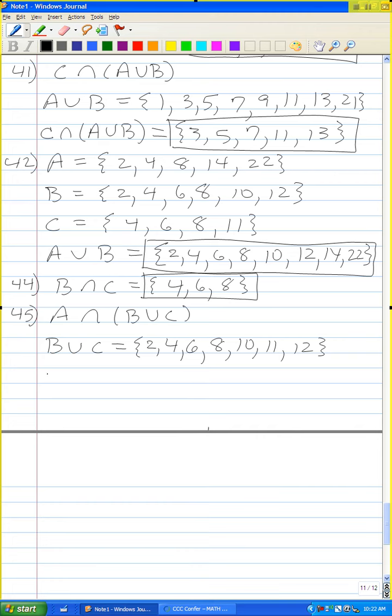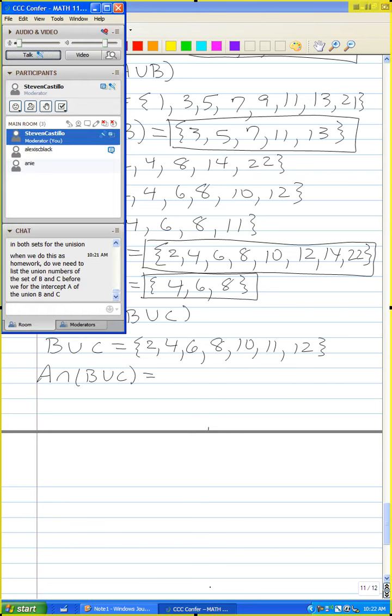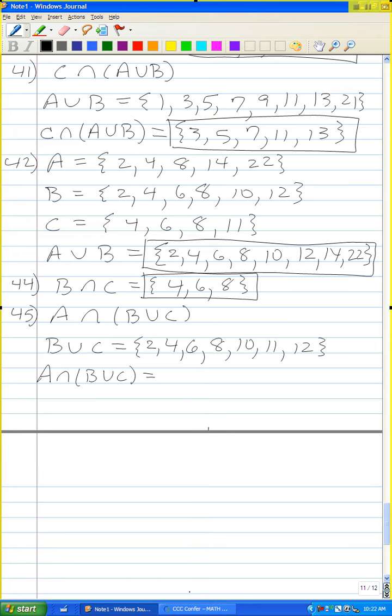Now let's find the overlap between that set and the set A. So 2 is in both sets. Yes, you really should write what's in the parentheses. You should do what's in the parentheses first.